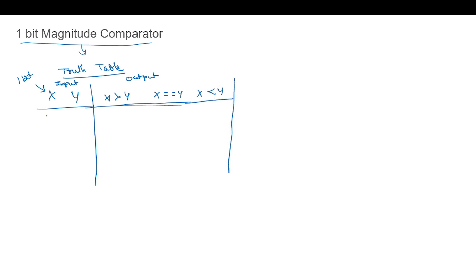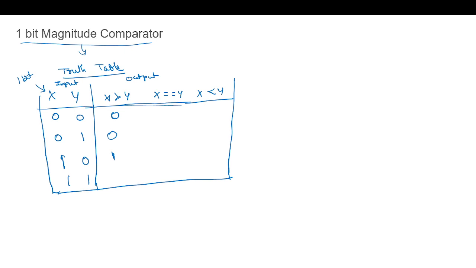So we have three outputs, and with this we have four combinations. For 0 0, x is not greater than y. For 0 1, x is less than y. For 1 0, yes, x is greater than y. And for 1 1, this output will be 0. Equal to is 1 for 0 0 or 1 1, and the other two outputs will be 0. For less than, this output will be 1 and the other outputs will be 0.